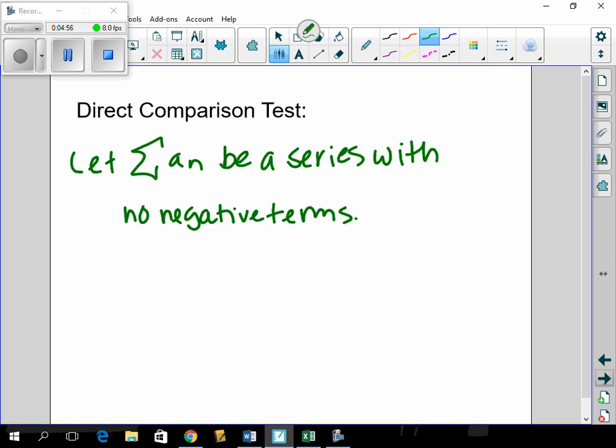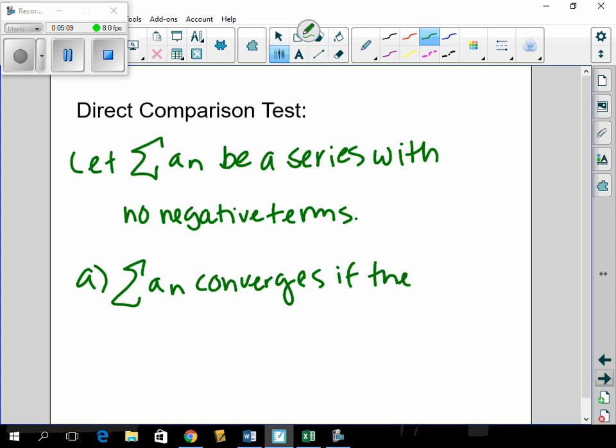One of two things happens. A sub n converges if there is another convergent series, and we're going to call this convergent series c sub n.